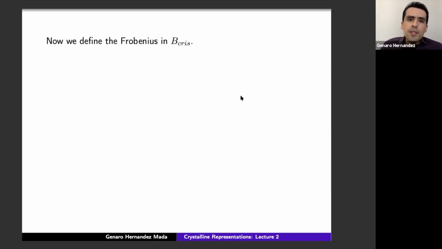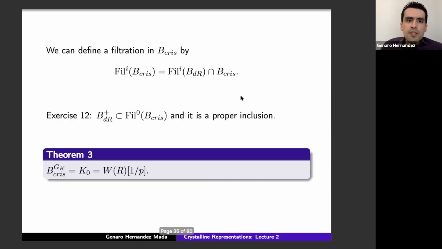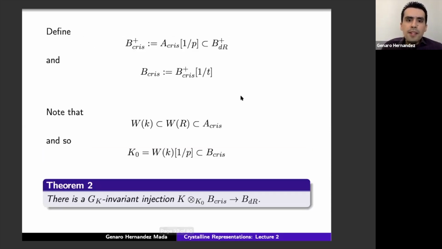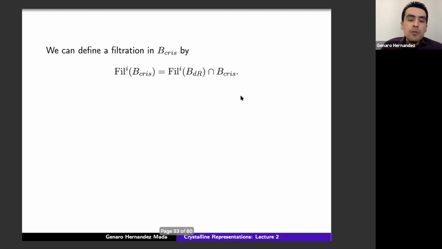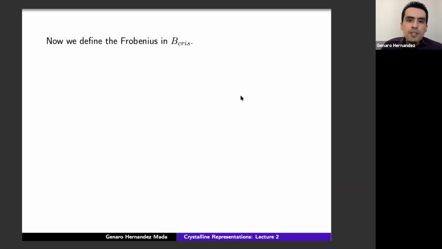We are doing some kind of smaller thing just in order to have the Frobenius. The original Frobenius that we have in W(R) with p inverted could not extend to all of B_dR, but maybe it could be extended to something smaller, which happens to be the case.